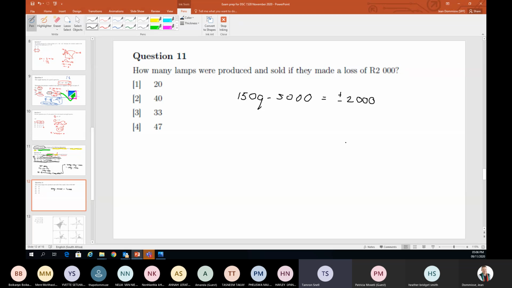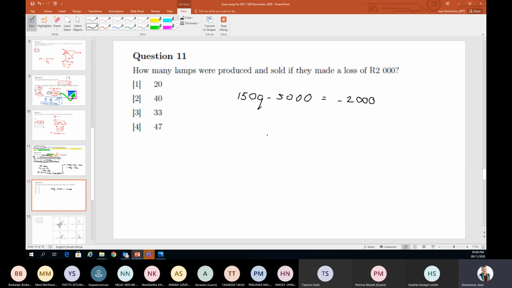I'd say negative because it's a loss. Okay. What does the other guy say? Negative. Awesome. Okay, so it is negative, because it's a loss.